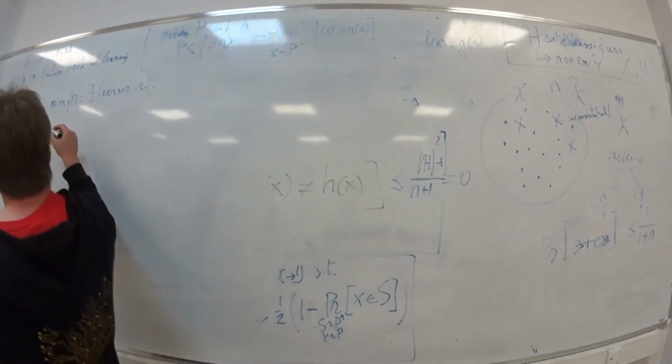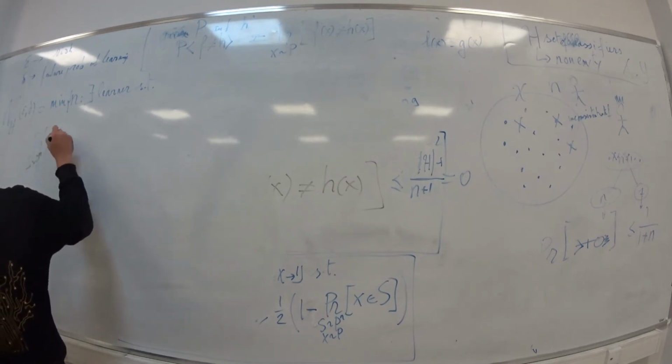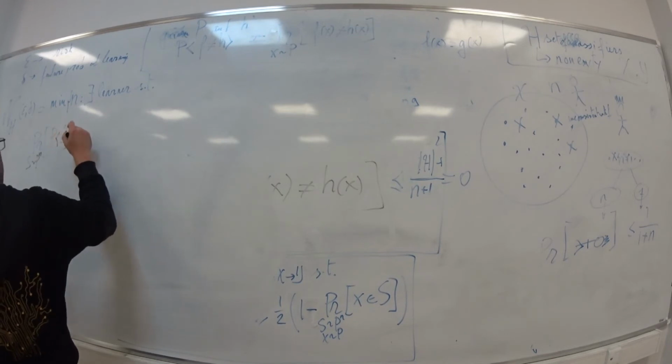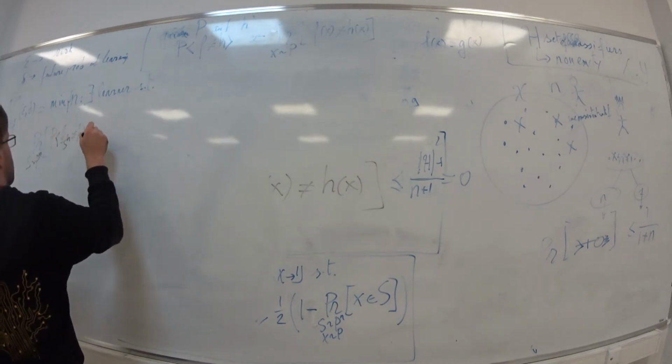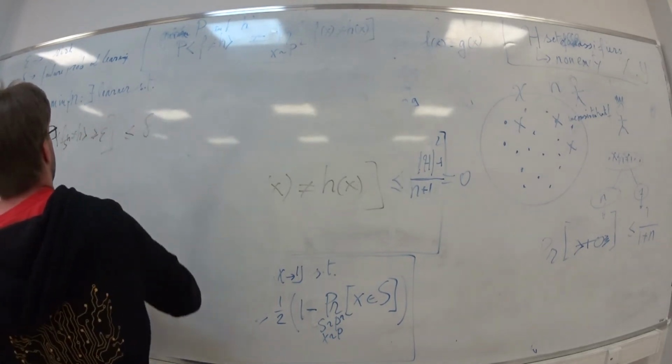And so here is the probability over the training set that the risk of the learned classifier is not equal, it should be smaller than delta.